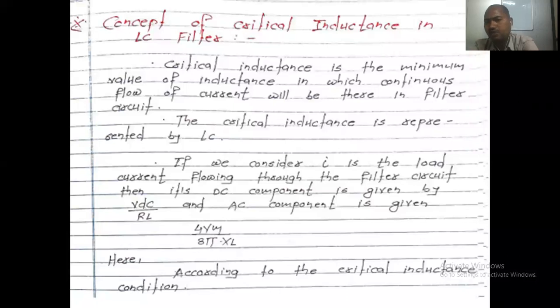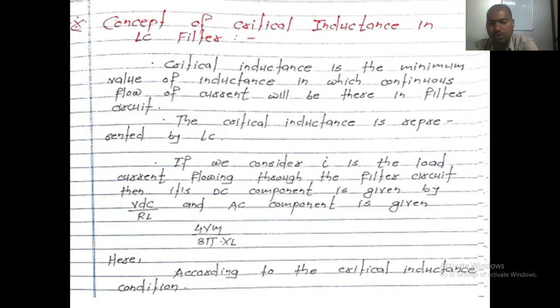For the DC component in a particular filter circuit, the formula is VDC by RL. For the AC component, the formula is 4 Vm by 3 pi XL. This is the formula for calculation of the AC component in the filter circuit.